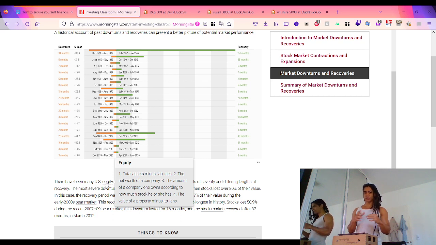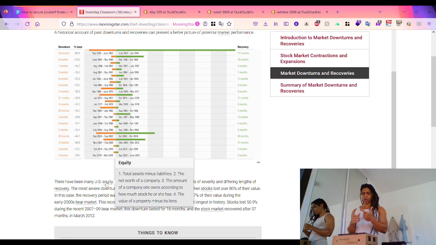The total asset minus liabilities, the net worth of a company, the amount of a company one owns according to how much stock he or she has, or the value of a property minus its lien. So the equity is the total asset minus liabilities.